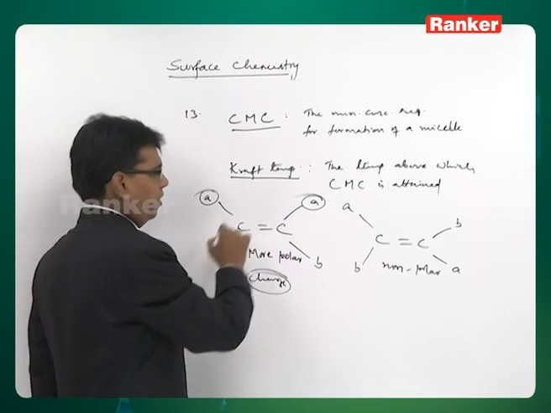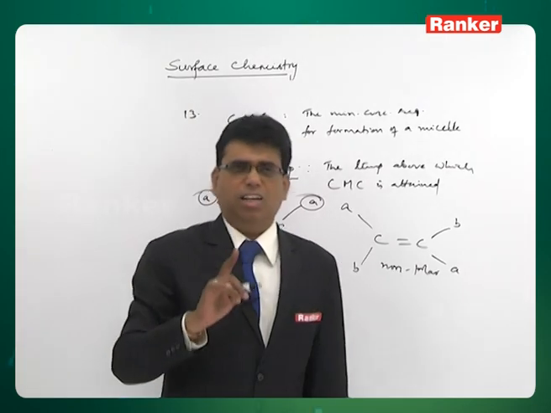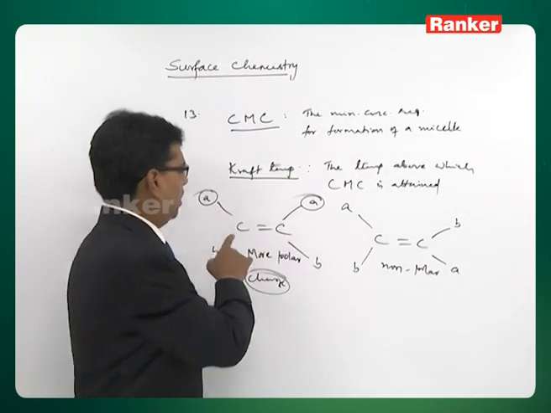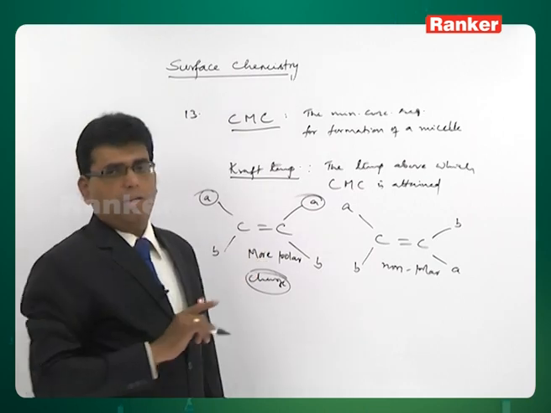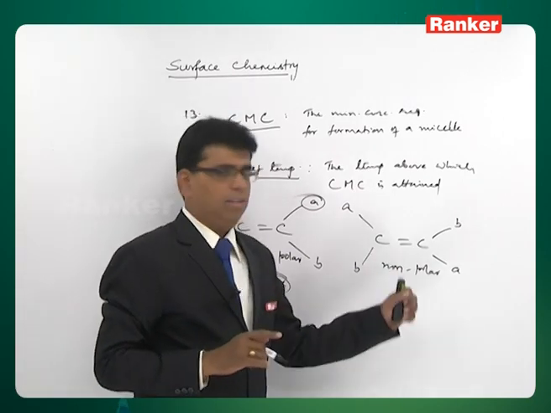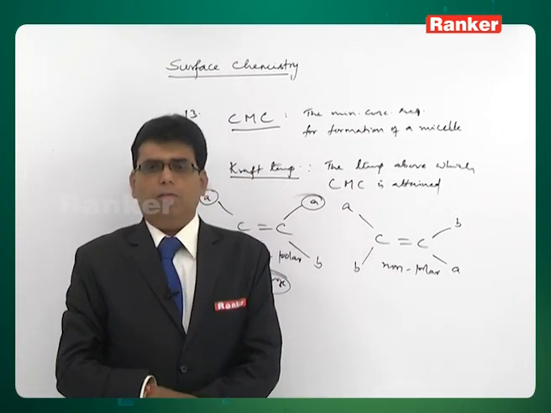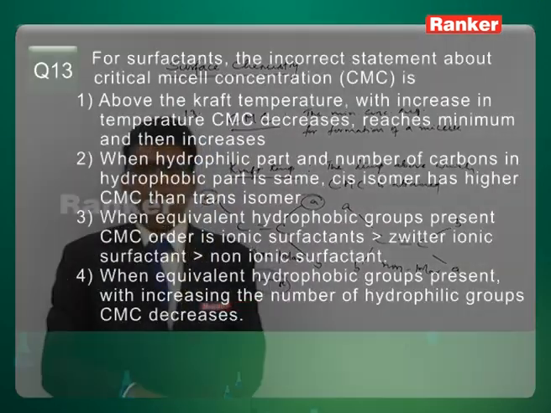Here it will provide sufficient charge. So that is the reason the cis isomer will definitely have a greater CMC than the trans isomer, which is non-polar.